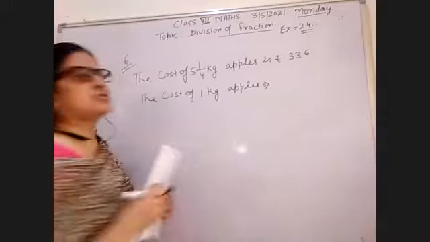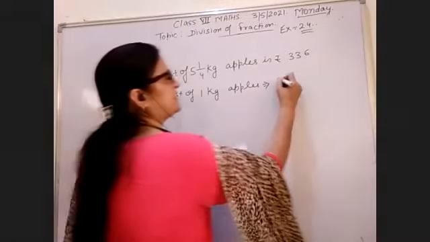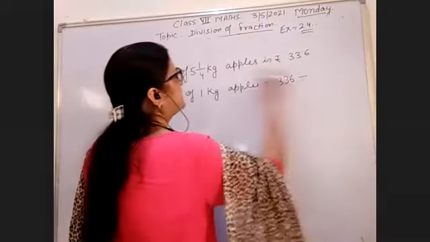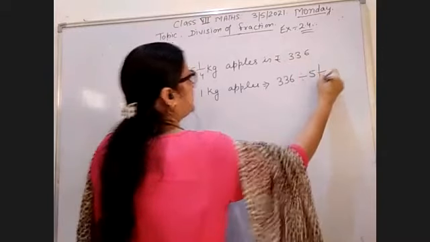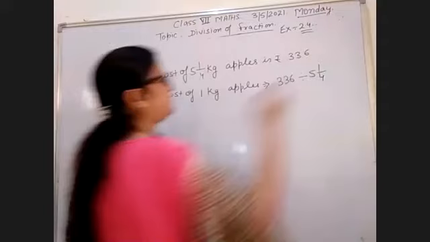Then the cost of 1 kg apple is 336 divided by 5 1/4. Okay, so how will you find the cost of 1 kg apple? 336 divided by 5 1/4.